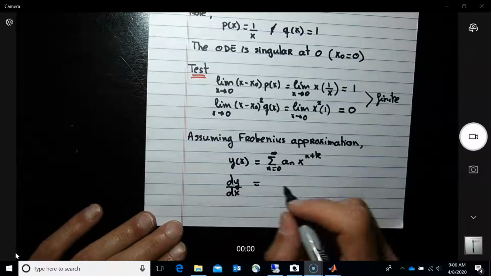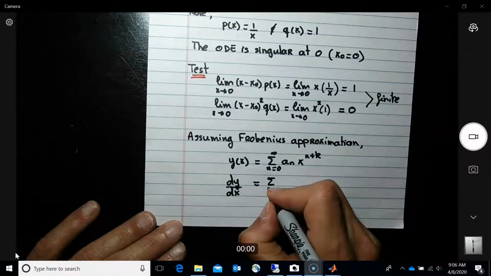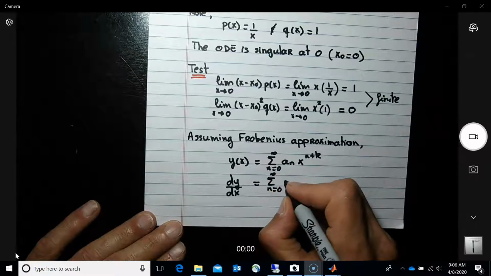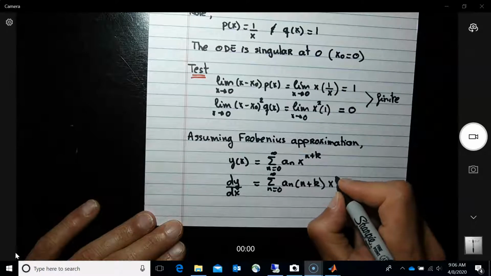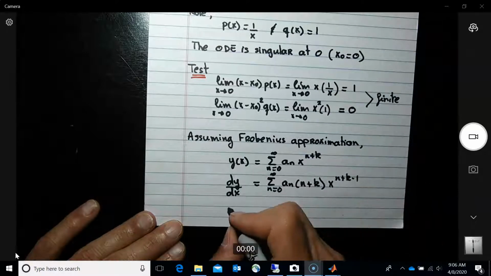Hopefully I'll be able to fit everything in here, so this will be the summation from n equal to 0 to infinity of a sub n times n plus k times x to the n plus k minus 1.